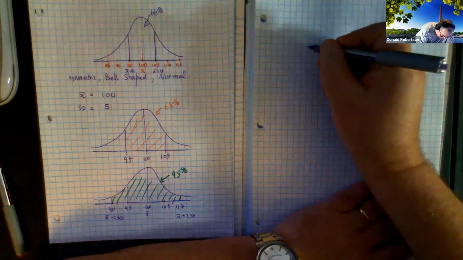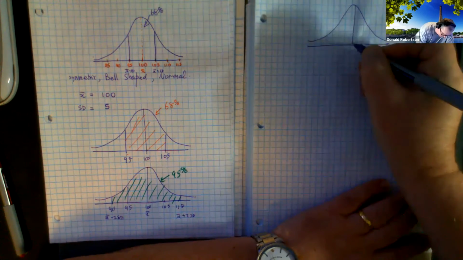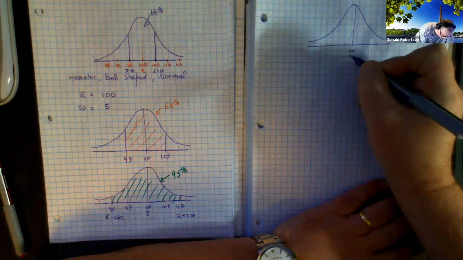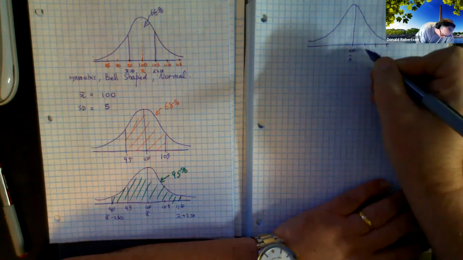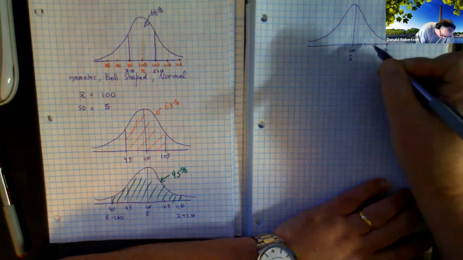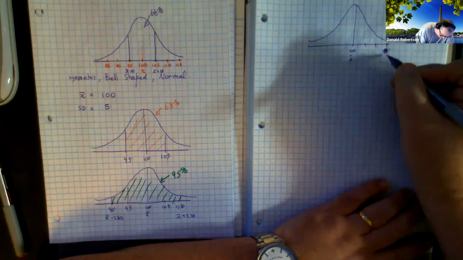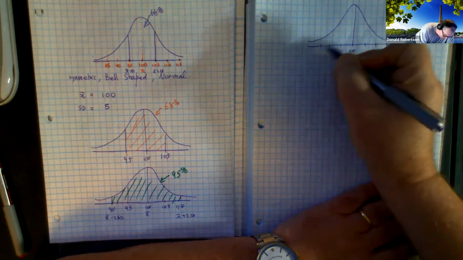And to complete this, if you take that guy, and there's the mean again at 100, and you go 1, 2, 3 standard deviations, so that takes you 95, 90, 85, 100, 105, 110, 115. And 1, 2, 3, you go 95, 90 to 85.